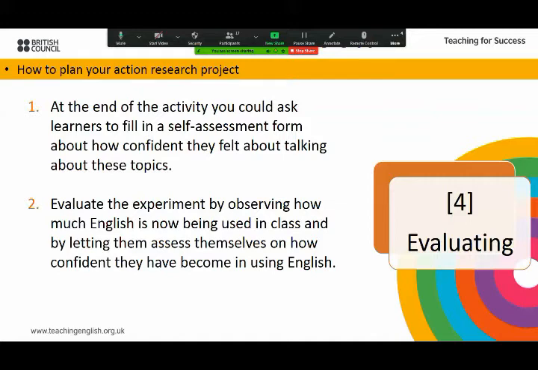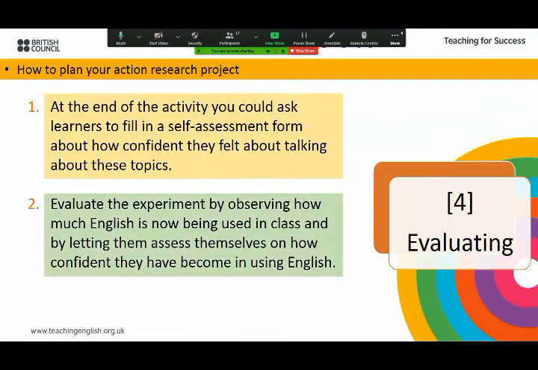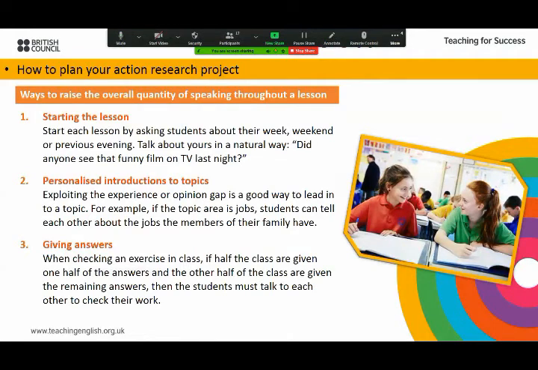So this is the importance of this action research project. Now we will move to ways to raise the overall quantity of speaking throughout a lesson. Starting the lesson: start each lesson by asking the students about their weekend or previous evening, or talk about yours in a natural way.